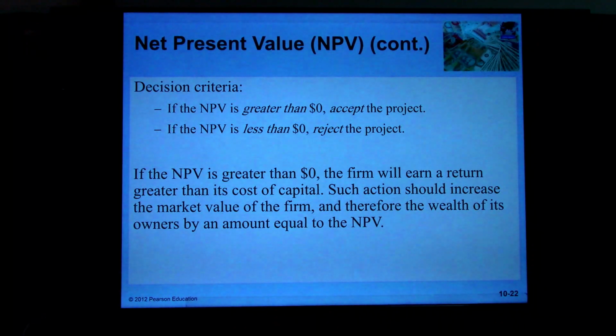If the NPV is less than 0, in this case we should reject the project. If NPV equals 0, you are in a neutral decision.